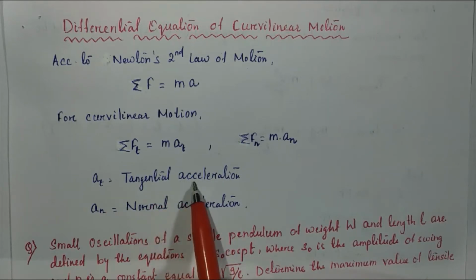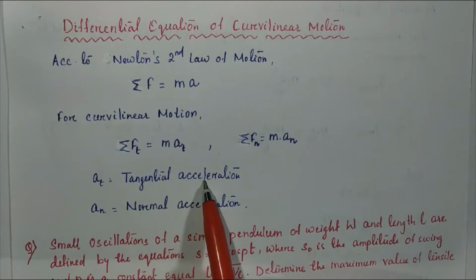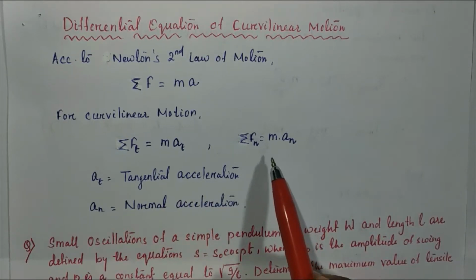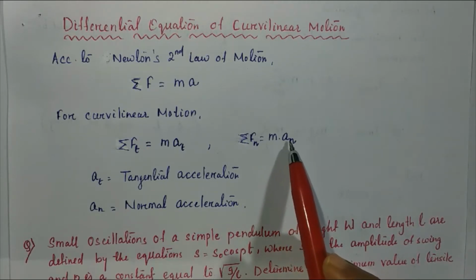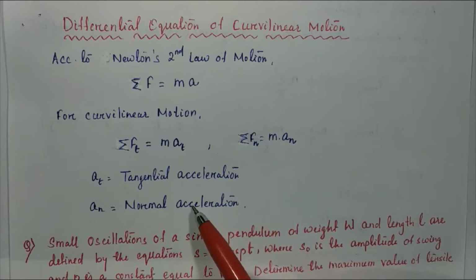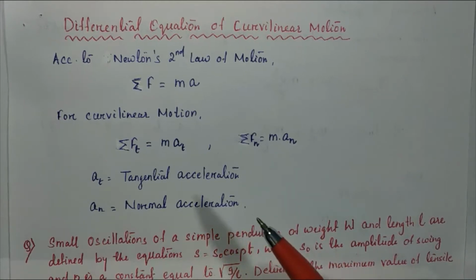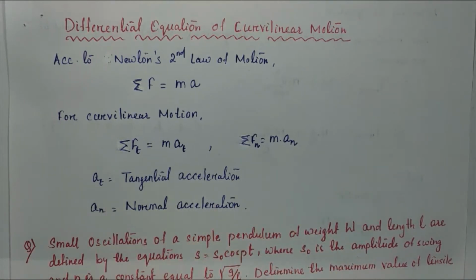Similarly, the summation of force along the normal direction is equal to m into an, where an is the normal acceleration. By considering these relations, we are going to solve some numericals.